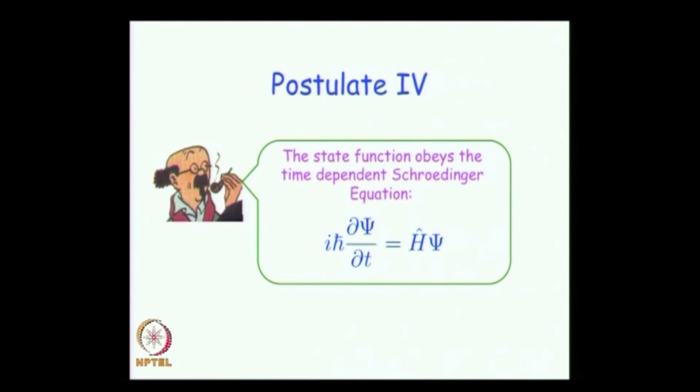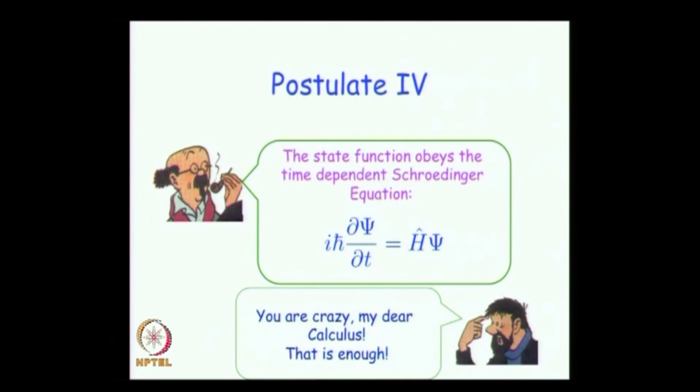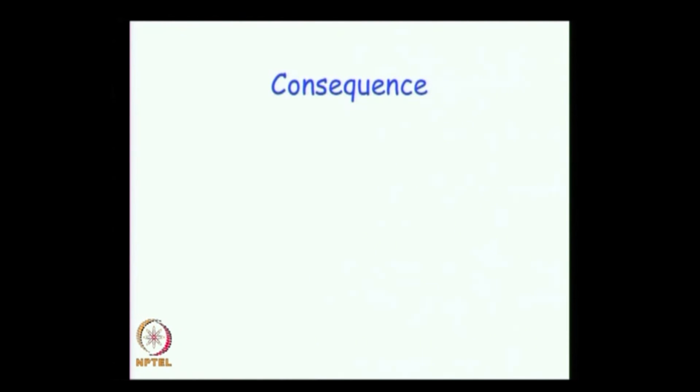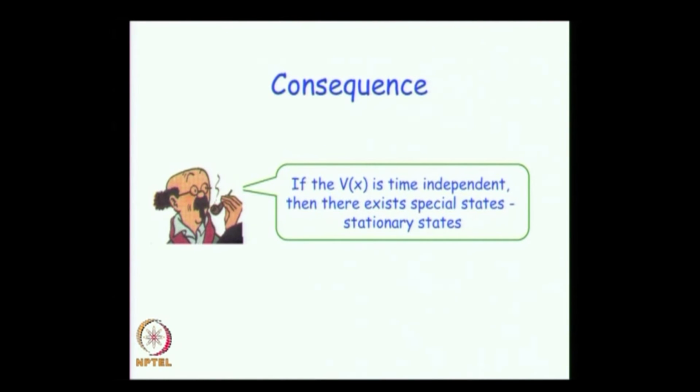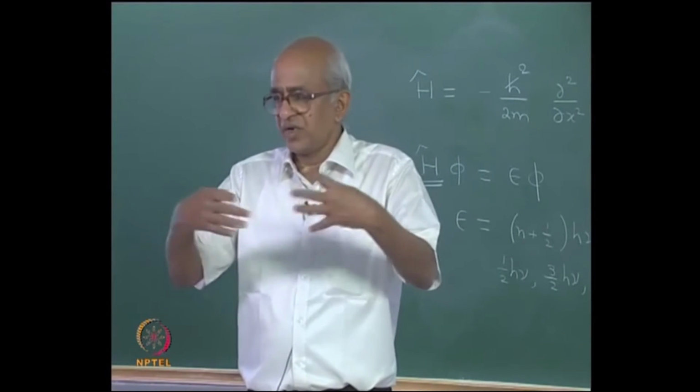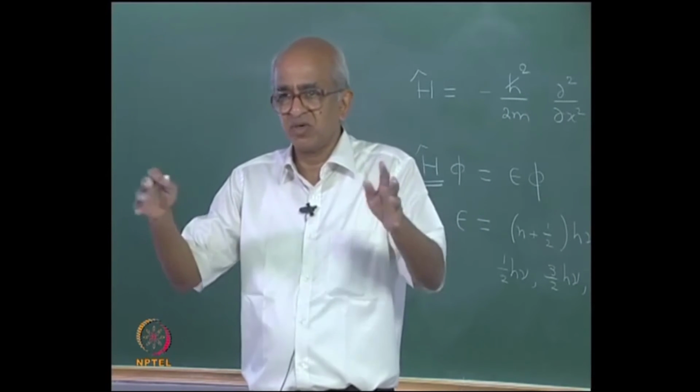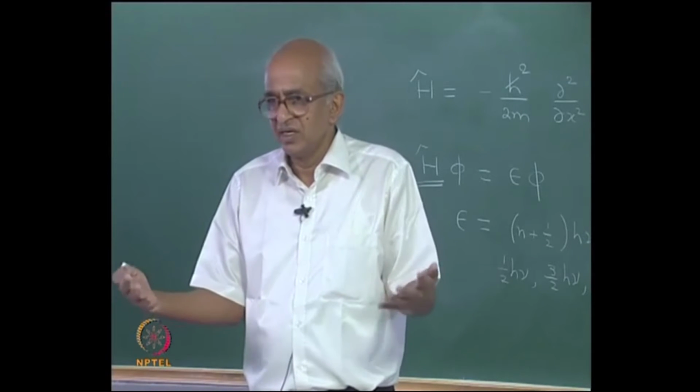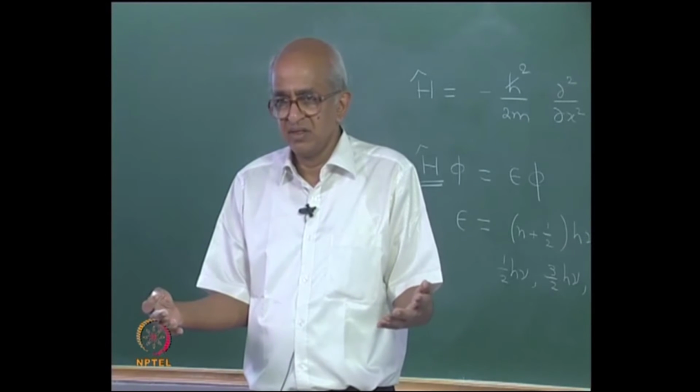Okay, we have had enough of the postulates, and we are now going to look at some consequences of these postulates. Let me tell you the most important consequence of these postulates. Remember, earlier I was speaking about standing waves, and I said that if I had a system in which there are waves, then it is possible for the waves to form a standing wave, right.